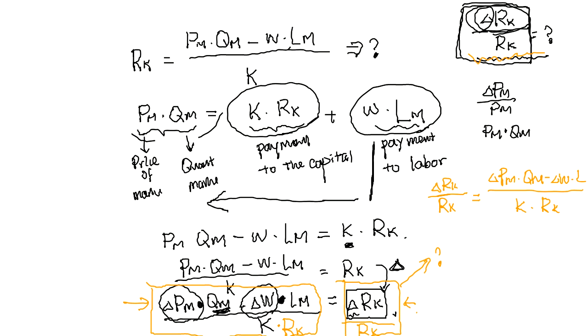And I also know this term, the change in the wage. And I also know the return, the payment to the labor, right? So just manipulate this term a little bit.